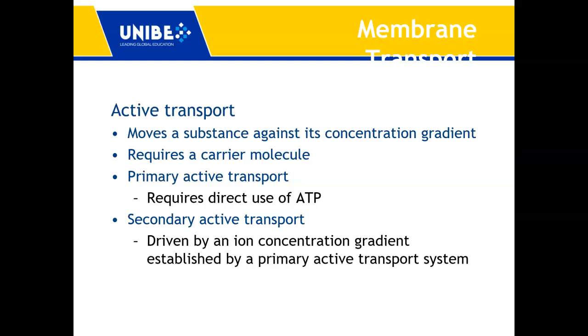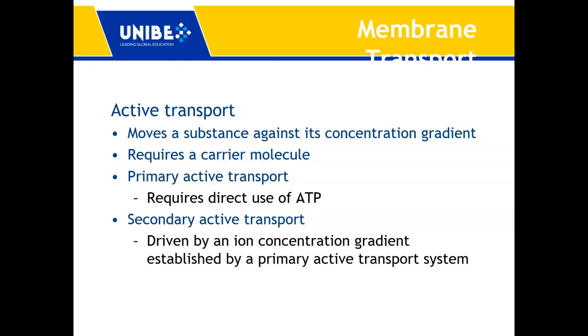Now, when I'm moving something from where there's less to where there's more, that means I'm moving against the concentration gradient. The other types, simple diffusion, osmosis, and facilitated diffusion, are with the concentration gradient. In this type of transport, active transport, I'm moving against the concentration gradient. I need a protein carrier. I need to take things from less to more, and then I need to spend energy.